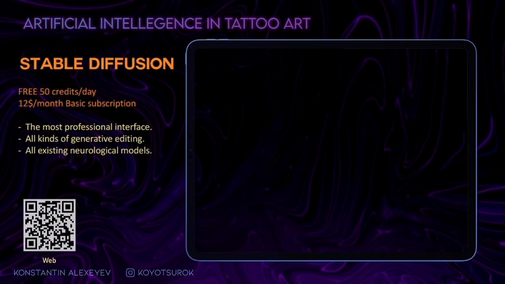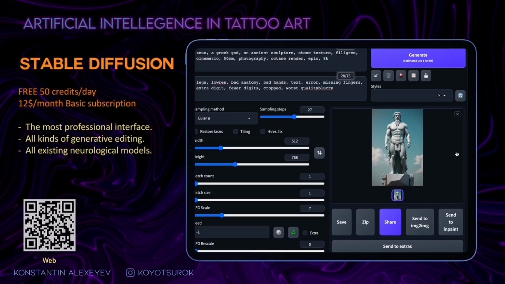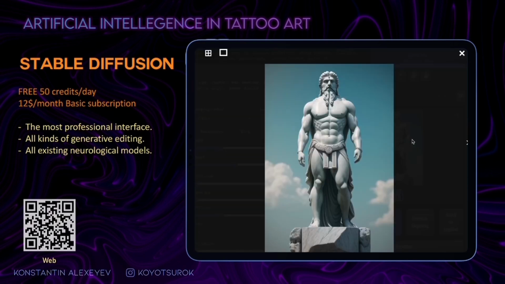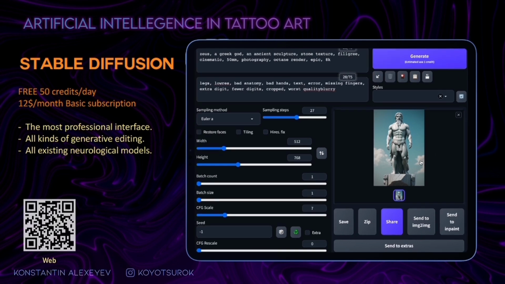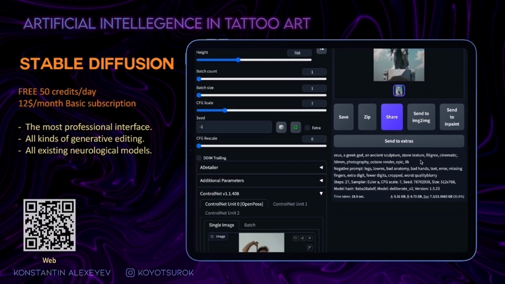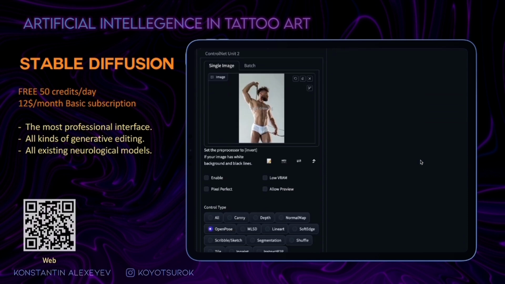ControlNet can also change a character's pose by copying the pose from the reference or creating your own pose in a special editor. I'll show you a very quick example of copying a pose. Here we have a Zeus prompt, but now I just upload a reference with a special pose I want.